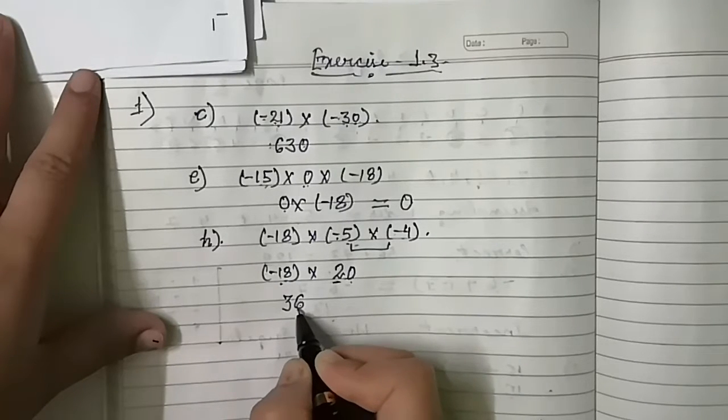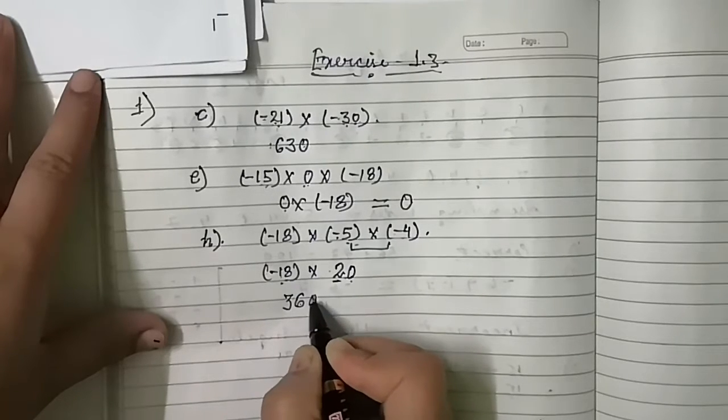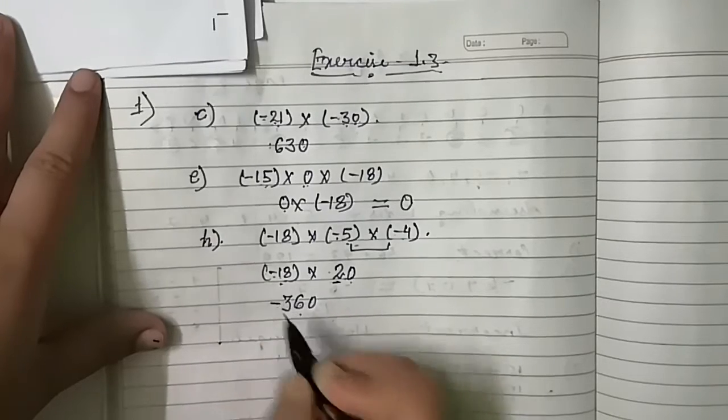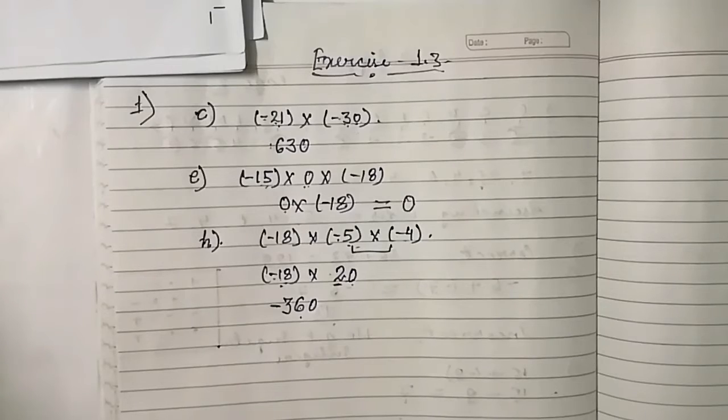In last, in our result we will put the number of that 0. 10 is given, so here we will write 10 and minus plus will be minus. So students, such type we can solve this product.